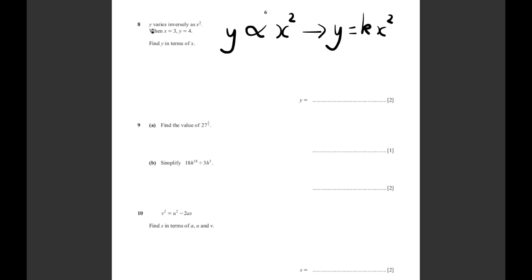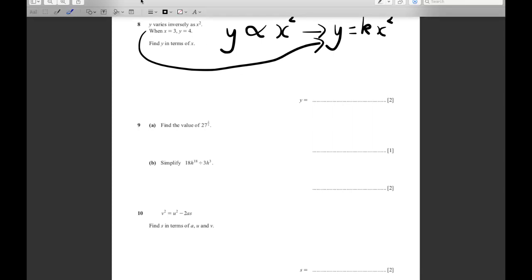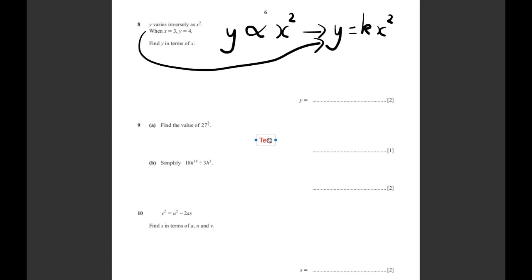Now we're going to substitute the values that we do know into that basic equation over there. So when x is 3, well, y is 4. So let's write down that y, which is 4, is equal to, well, k we don't know, and we need to work out what 3 squared is. Well, that means therefore that 4 must equal k times 9, and then we divide by 9 on both sides to find the constant, so k is equal to 4 divided by 9.